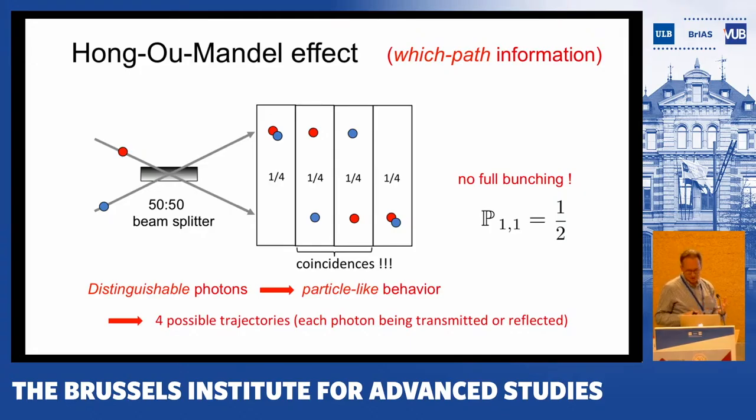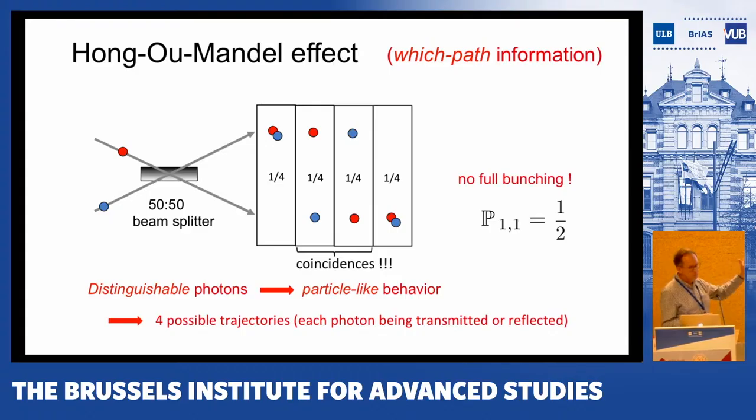consequence of this, of the fact that it's an interference phenomenon, is that if you learn some additional information, like the which-path information, and in this case, if you know who is who, so if, for instance, you give different frequencies, different colors to the two photons, or orthogonal polarizations, or if you have any means to distinguish the two photons, then they will simply behave as classical balls, and each photon will either be reflected or transmitted, and therefore, in principle, ideally, this is what you will have.